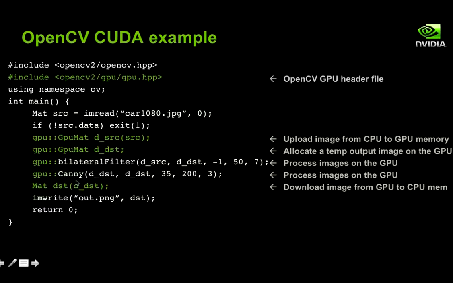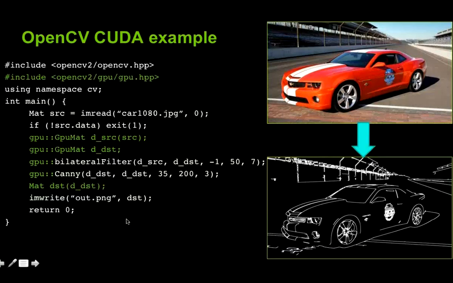Again, you would apply the canny on the GPU. And then you would download the result from your GPU mat to a destination mat which resides on the CPU. So again, the result is identical, and this is what it would look like after you've applied the canny edge detector.